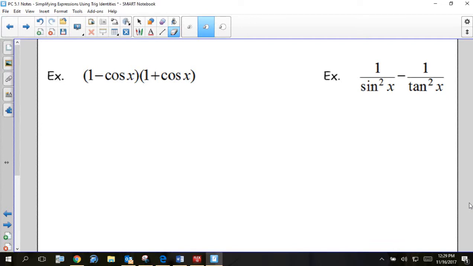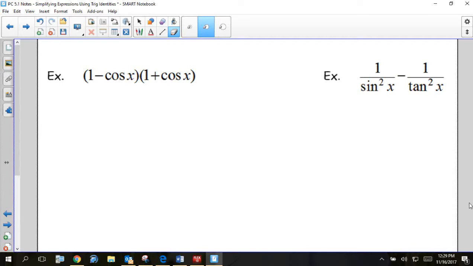So I look at 1 minus cosine x, and I might try to think what that equals, but do we have any identities that equal 1 minus cosine x? Never mind, because it's squared.